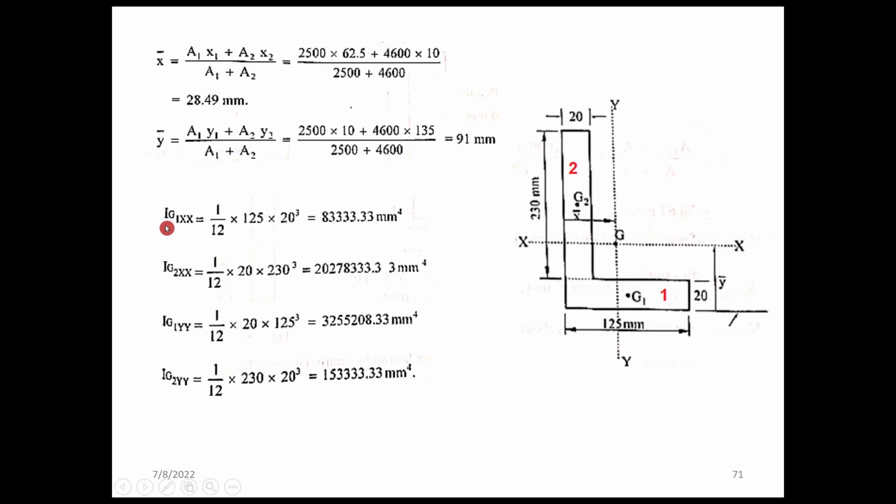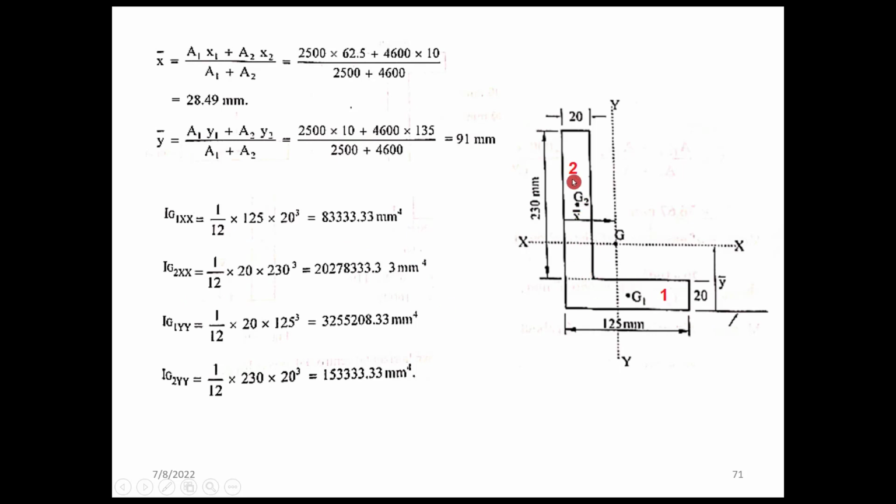We have IG, that is the moment of inertia of the first area with respect to the centroidal axis of this particular area, which is BD cube by 12. We have learned this formula previously. So B is 125 into 20 cube depth by 12 will give you this much value.